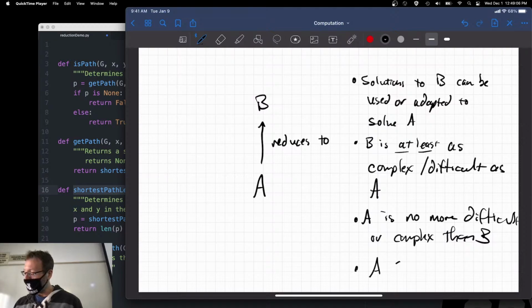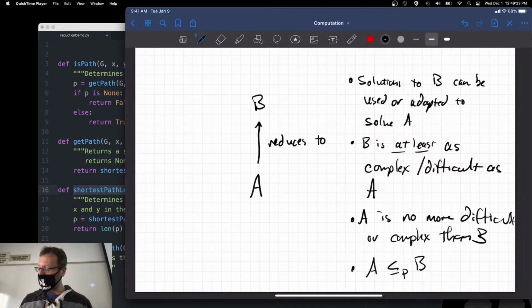We say that A is less than or equal to B in complexity with respect to polynomial time reductions that we'll define here formally in a moment. But this is the intuition that you should take away from this.